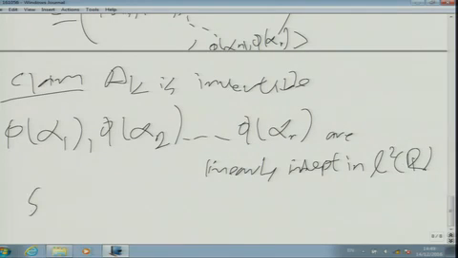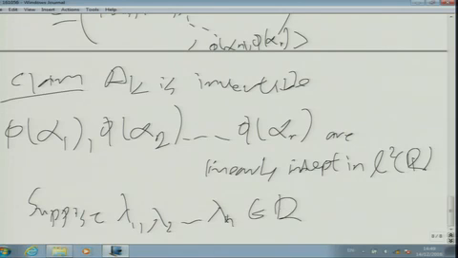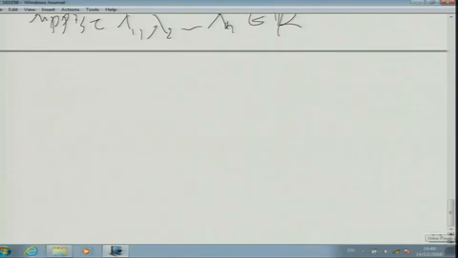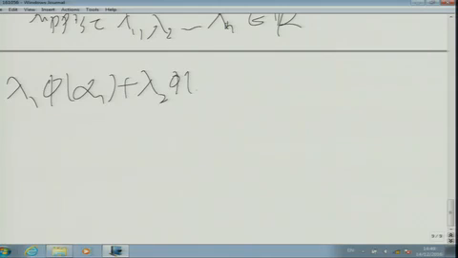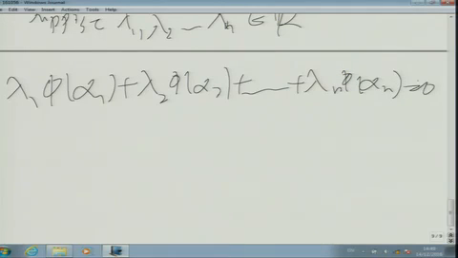And now we suppose some real numbers lambda 1, lambda 2 to lambda n, then we have lambda 1 phi(alpha 1) plus lambda 2 phi(alpha 2) plus to lambda n phi(alpha n) are all equal to 0.